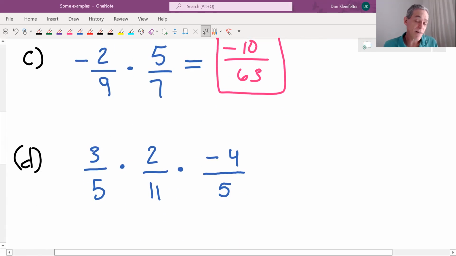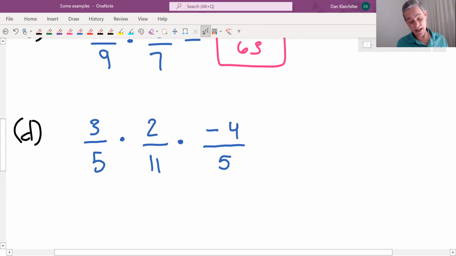What if there are 3 fractions? Well, remember that we have that associative property. That says that if you want, you could do the first two first and then multiply the third one, or we could multiply the second two together and then multiply that by the first one.